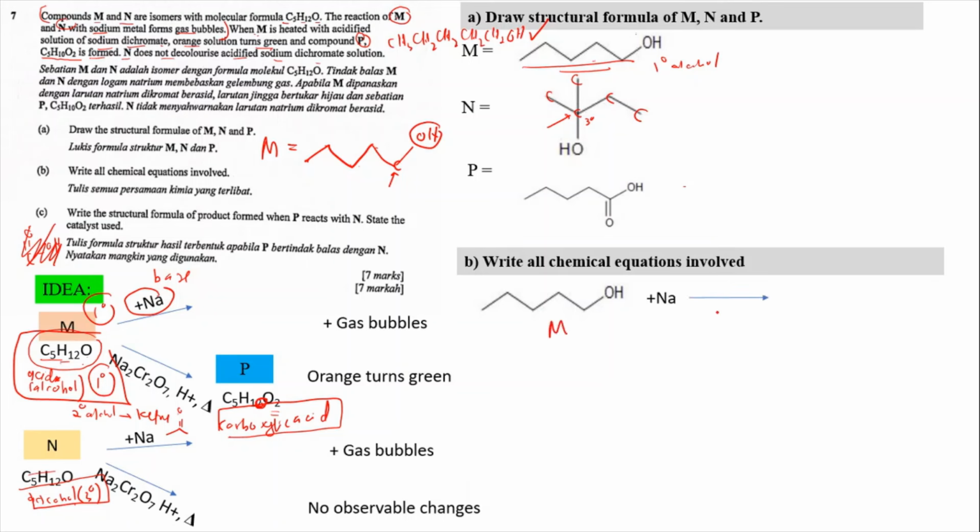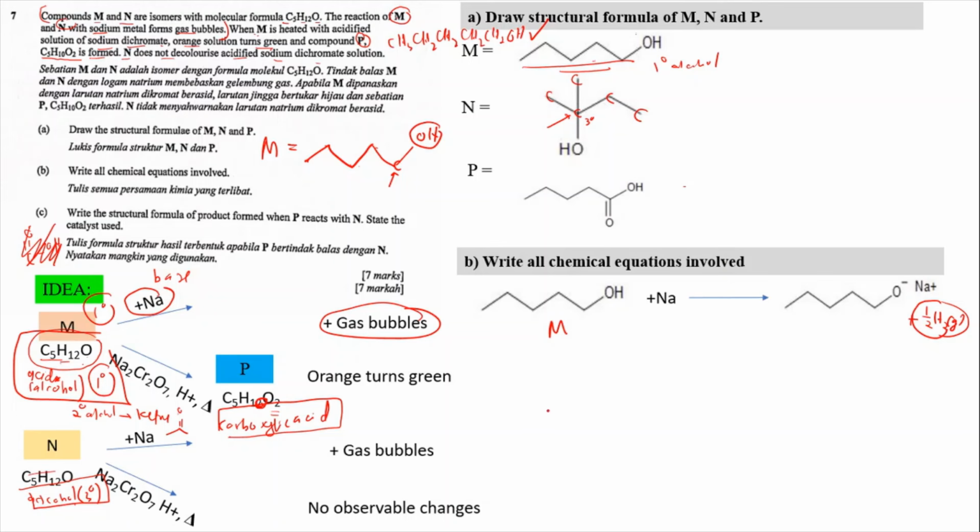So what it's going to undergo is the formation of salt. So it's going to become O minus and Na plus. And what's going to be released is the hydrogen gas.